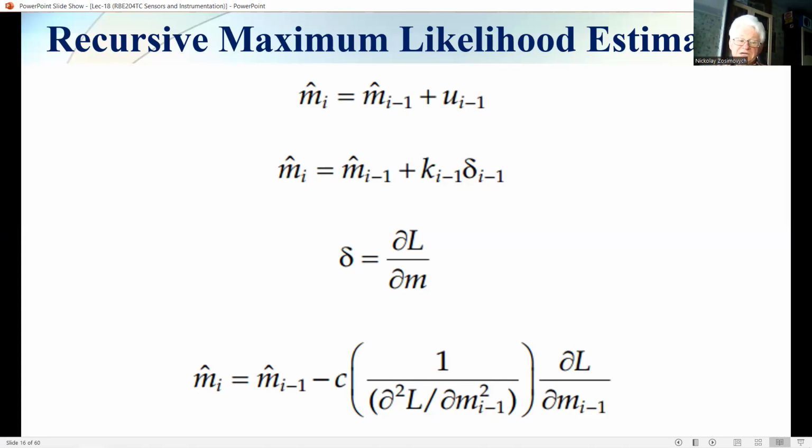And clearly, the required direction of update is the gradient or slope, the delta of L with respect to m. Specifically, we need an equation for m sub i hat, where k sub i minus 1 is the step weighting factor of the update in the i-th iteration. The gradient is given by this equation for delta.